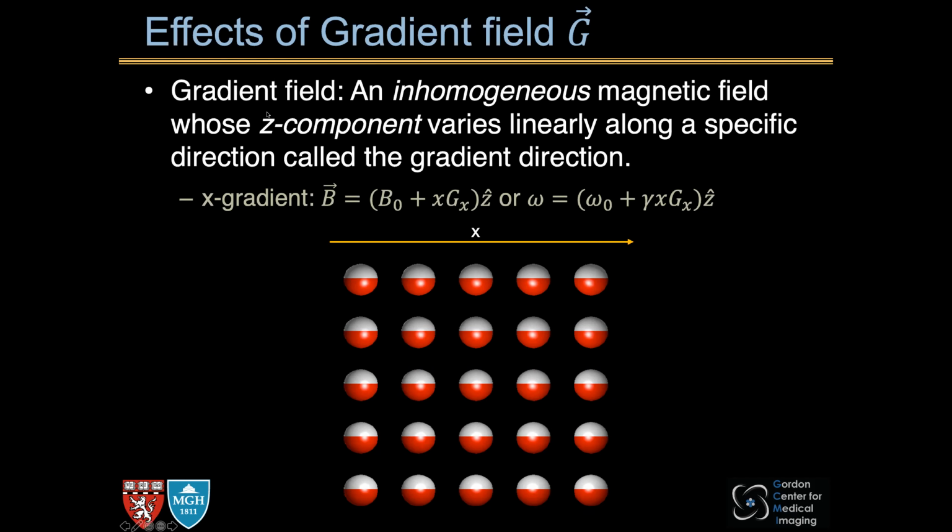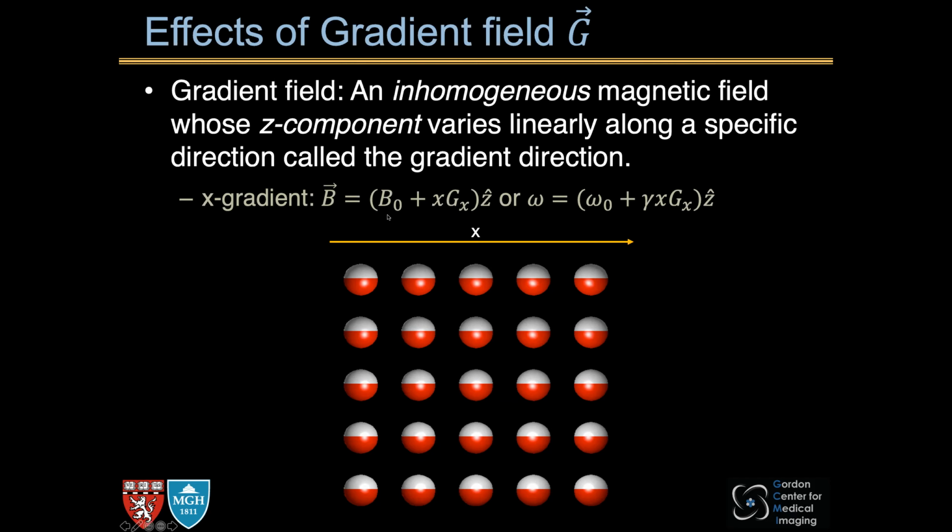The gradient field is an inhomogeneous magnetic field. The Z component of such a field changes linearly along a specific direction called the gradient direction. Let's say we have the X gradient, then the magnetic field strength with this X gradient is given by two terms.